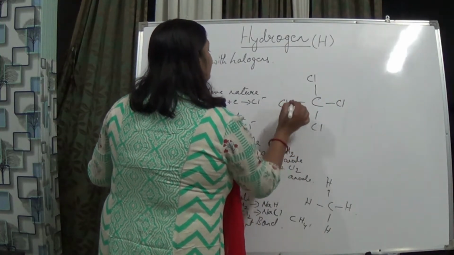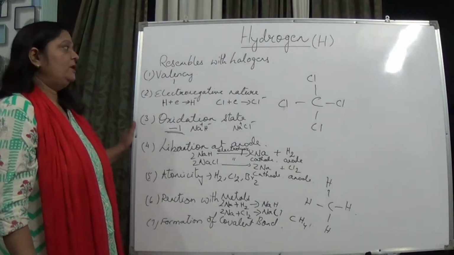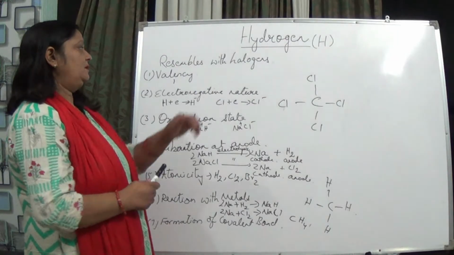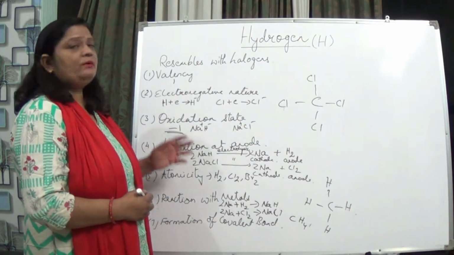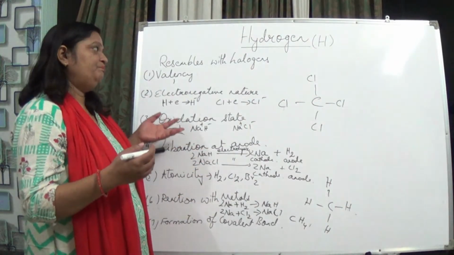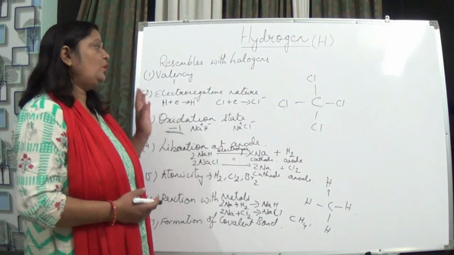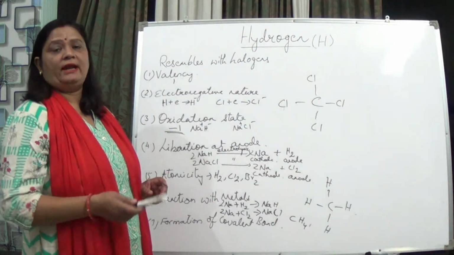If we take CCl4, it also has a covalent bond. So both of them form covalent bonds. Here we can see that hydrogen resembles halogens and also alkali metals. So how can we place it particularly in alkalis or with the halogens? It is kept separately in the periodic table, not in any group.